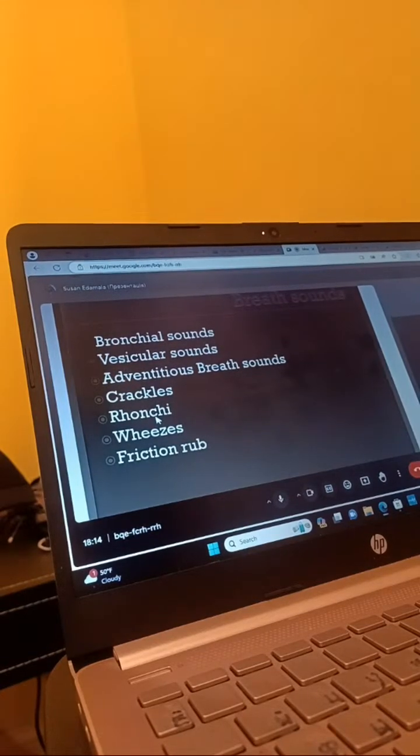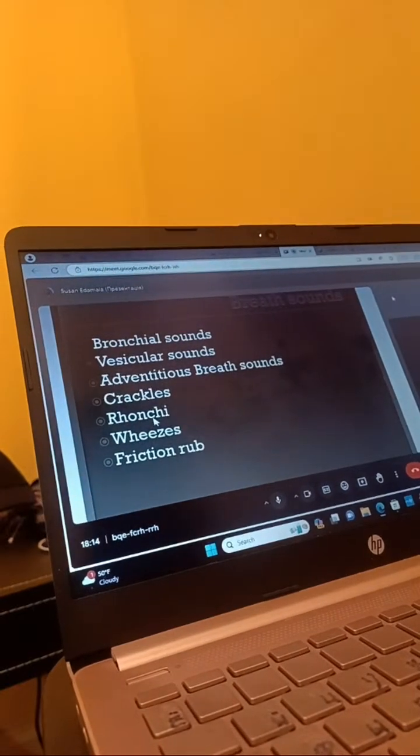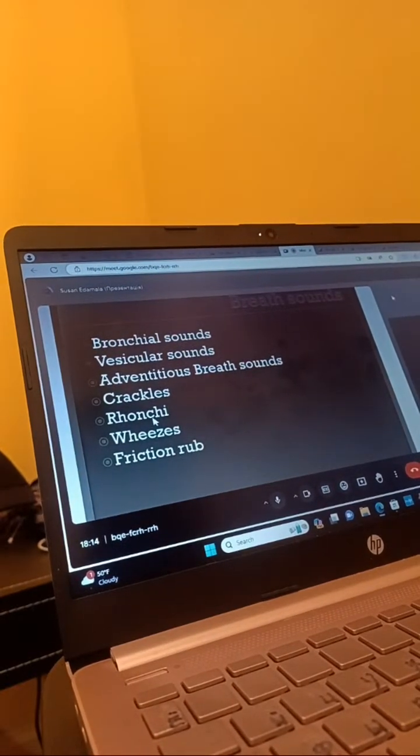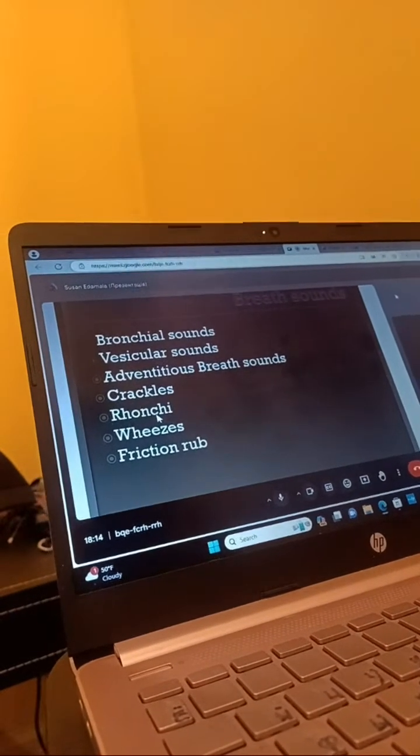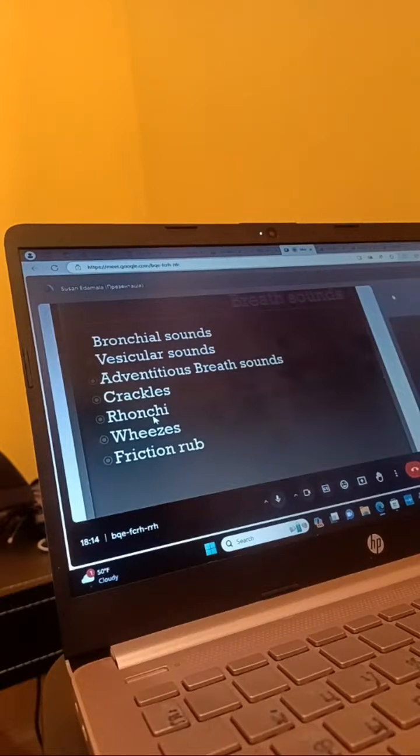So when does it become narrow? In what condition? With microbes, usually it is bronchi. If there is bronchitis or something, wheezing is normally in asthma or COPD.